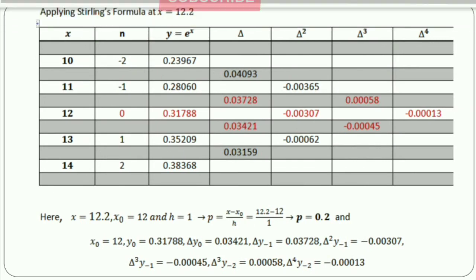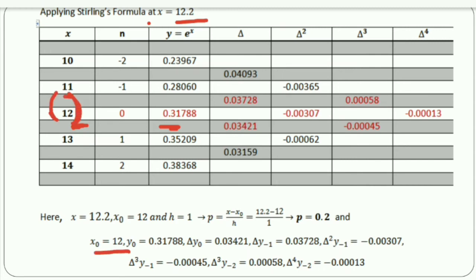The question asks for the value of y at x equal to 12.2, right? The 12.2 value lies in this range. I have to get the value of y at this particular value, so the value just before it will be taken as x naught. This is my x naught, and the corresponding value is y naught.